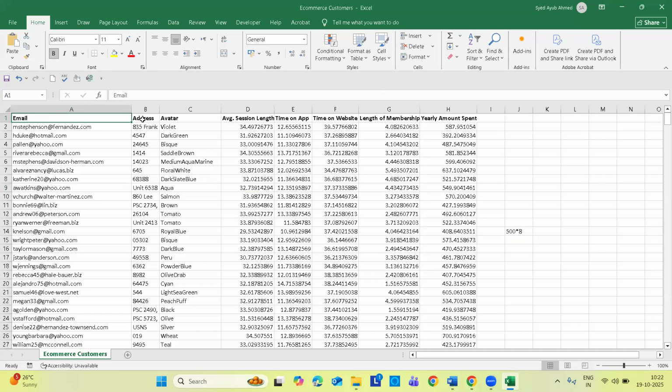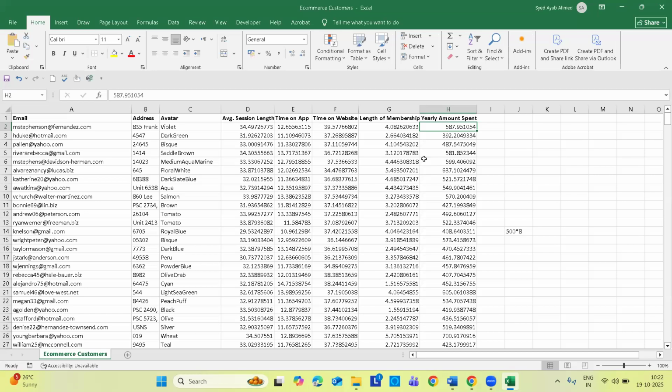So it has email address, average session length, time on app, time on website, length of membership, yearly amount spent. So these are some column details. So you have to do the analysis on this one.